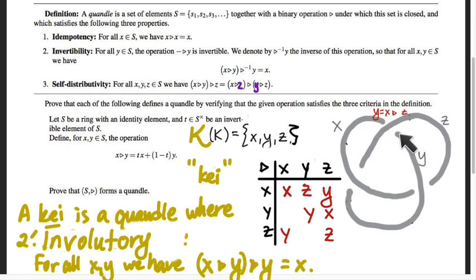So for the same reason that y is equal to x triangle z, x triangle z is equal to y at this crossing gives me that remaining y that we didn't have in that row. y triangle x: x is the bridge, y is an underarc. That is right here, right? x is the bridge, y is one of my underarcs, so y triangle x is going to give me z.